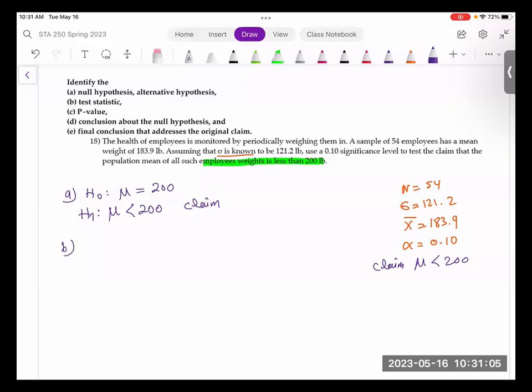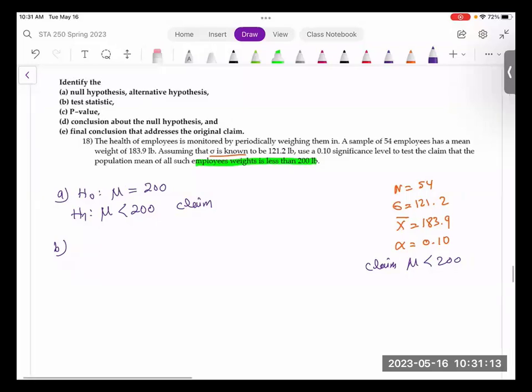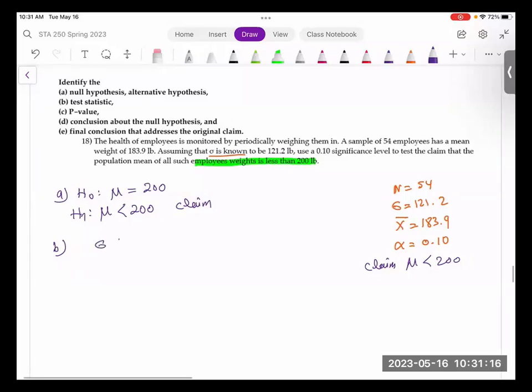For B, what they are looking for is the test statistic. Before the test statistic, you need to know what table you're going to be using, T versus Z. Because sigma is known and we have n is 54, which is greater than 30, these two are verified, so we can use the Z table.